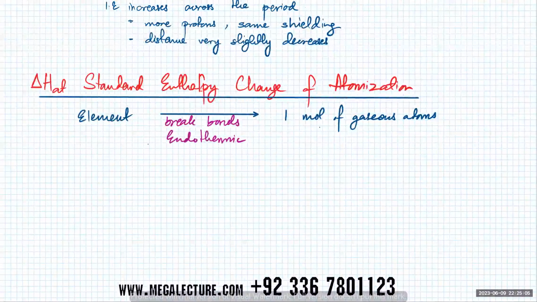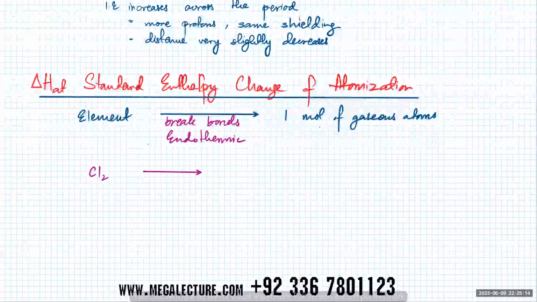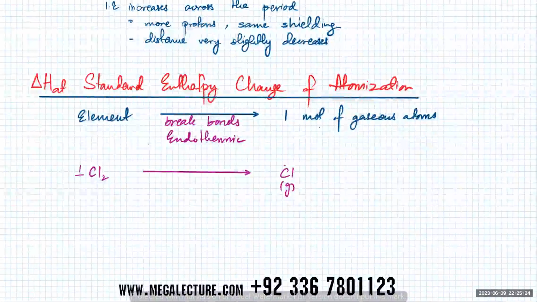Yep. So if I have a Cl2 molecule, I would have to break the Cl2 bonds and I'll get Cl atoms. But it has to be 1 mole of Cl atoms. So I'll be breaking half moles of Cl2 molecules.